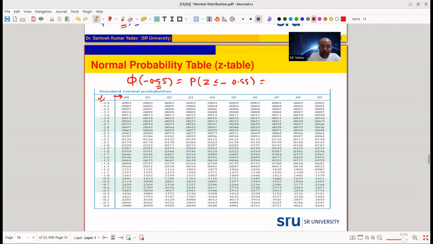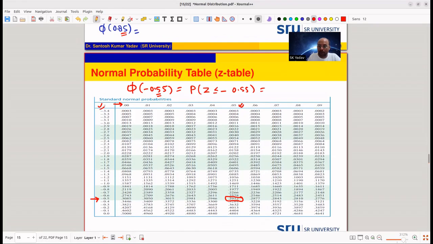So minus 0.5 is given here. So I will go at minus 0.5, which is here. And in this, it is 0.55. So I have to search from the top row, hit the 0.05 column, and then find the intersection, which is this value, 0.2912. So the value mentioned in the problem was correct.